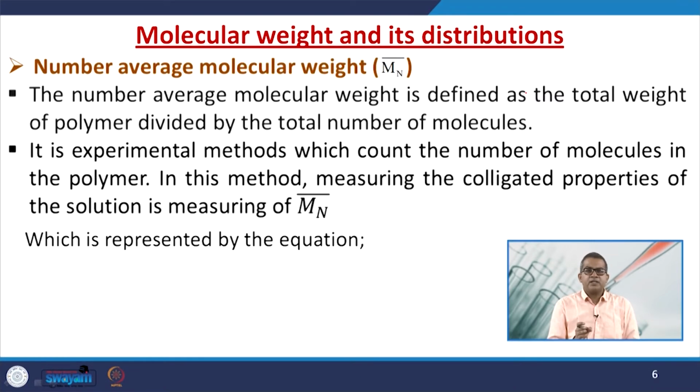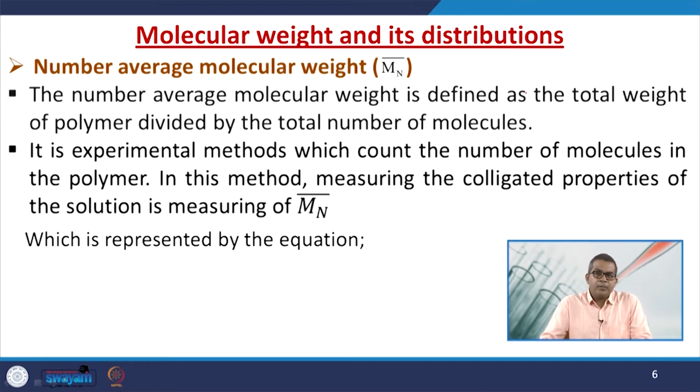But before we discuss the protocol for the determination of this molecular weight, let's see how we can classify this molecular weight distribution. So there are different methods or protocols available for this molecular weight distribution.